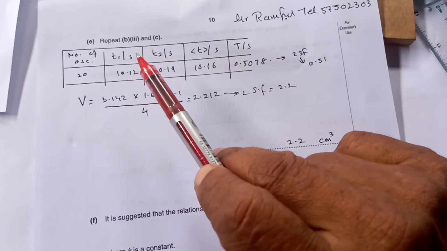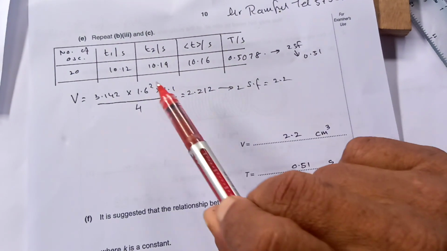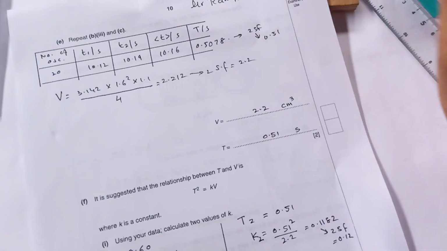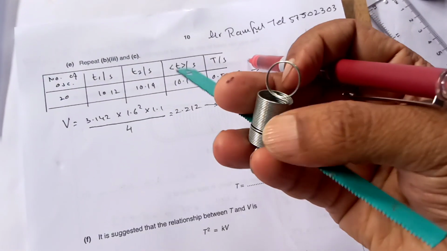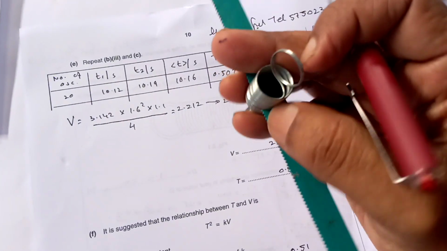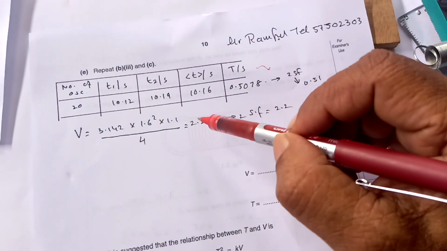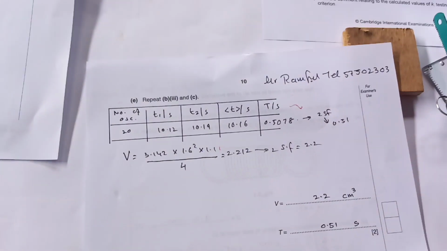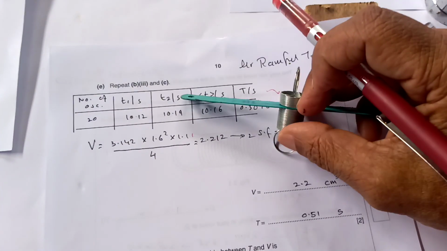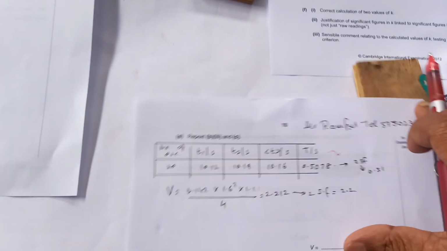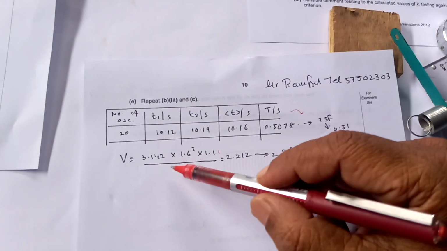Now I calculate the value of V here also with pi. Don't forget, the distance, the diameter of the spring, and this is the distance below the metal plate, metal strip, and then 4.